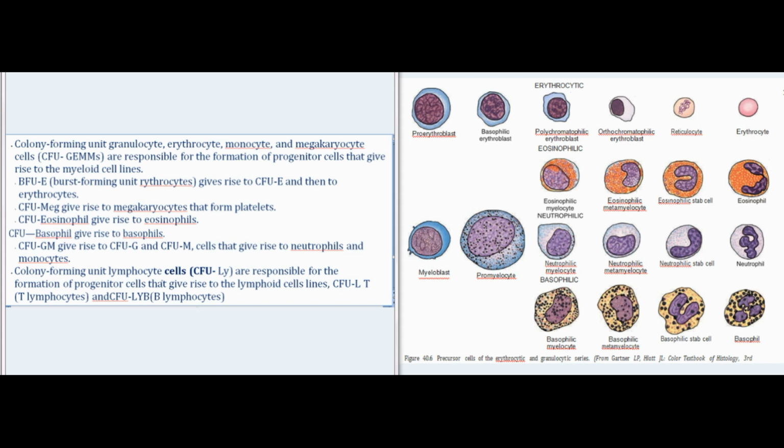BFU-E, burst-forming unit erythrocytes, gives rise to CFU-E and then to erythrocytes. CFU-Meg give rise to megakaryocytes that form platelets. CFU eosinophil give rise to eosinophils. CFU basophil give rise to basophils. CFU-GM give rise to CFU-G and CFU-M, cells that give rise to neutrophils and monocytes.